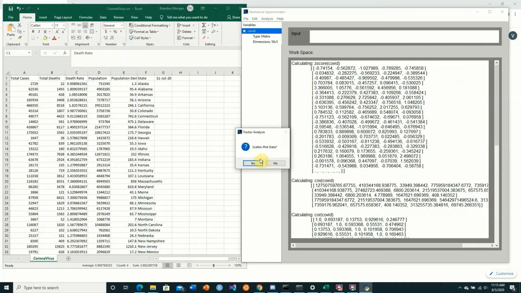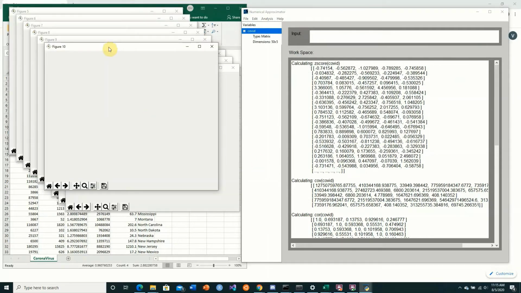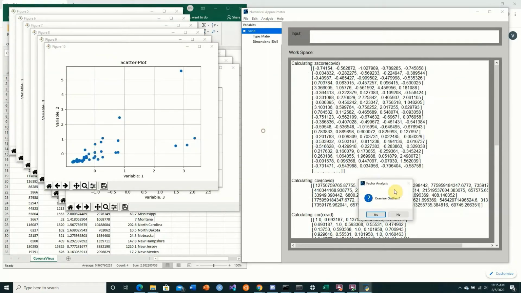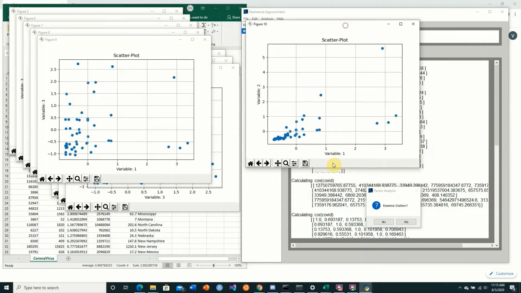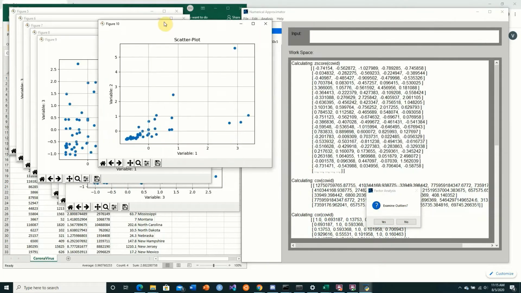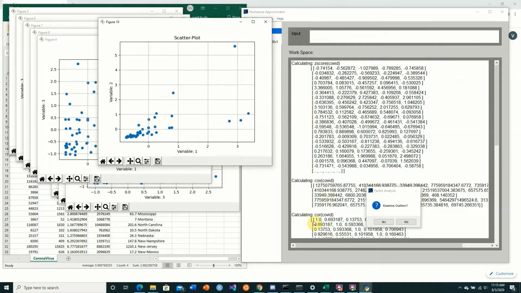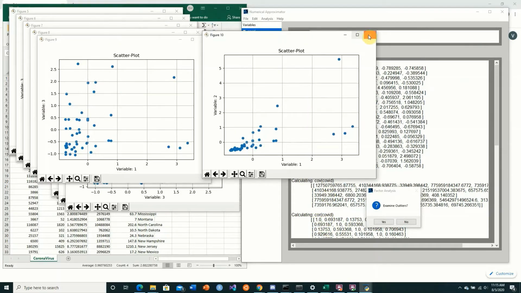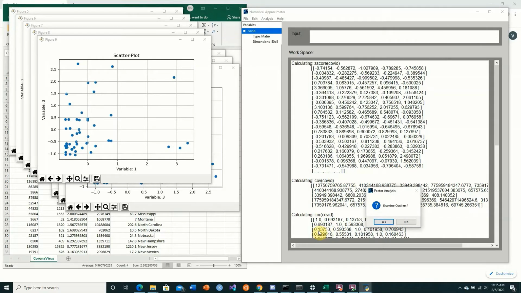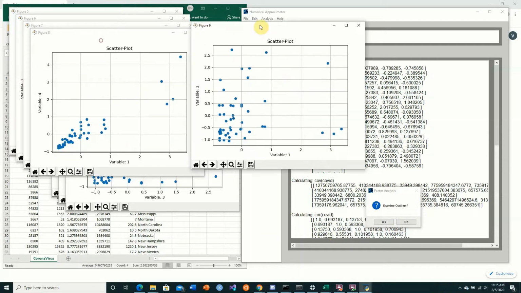We will use the z-scores, scatter plot the data. And so here, variable 1 versus variable 2, there's not so much of a direct correlation, but there is somewhat. And we can see here the correlation is basically 0 for variable 1 versus variable 3, and we can definitely see this.